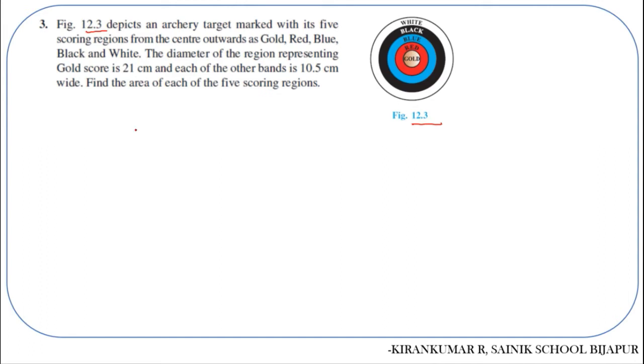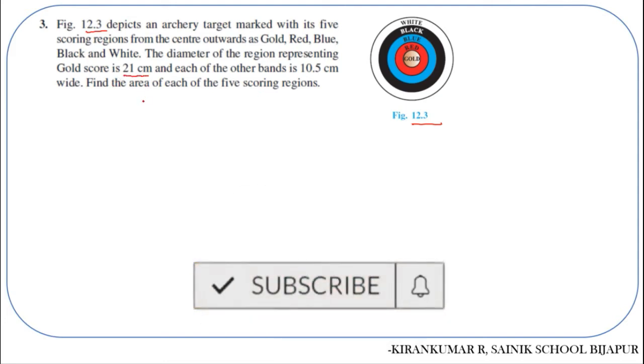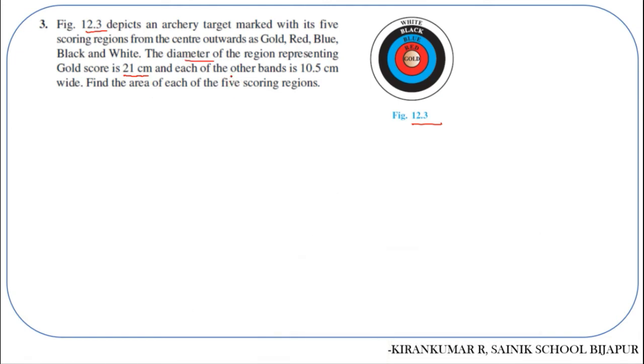The diameter of the region representing the gold score is 21 centimeter. It's a diameter. Each of the other bands is 10.5 centimeter wide. The width of each of the band is 10.5 centimeter. Find the area of each of the scoring regions. There are 5 scoring regions. We need to find areas of those 5 scoring regions.